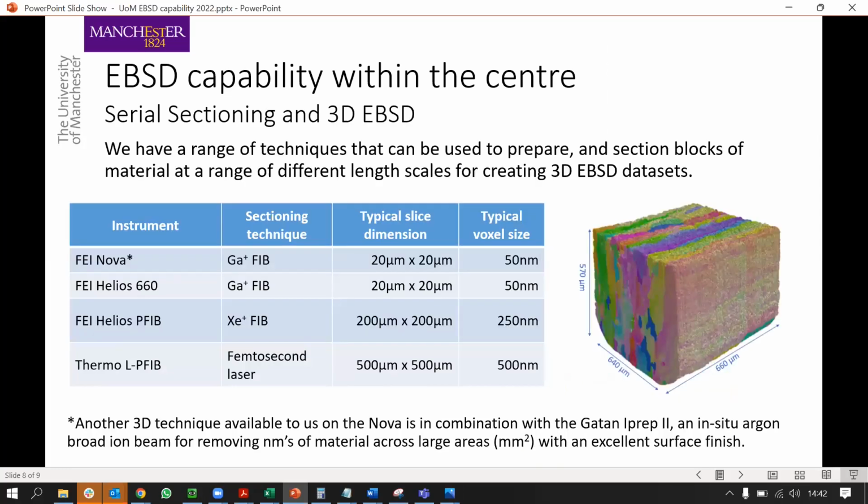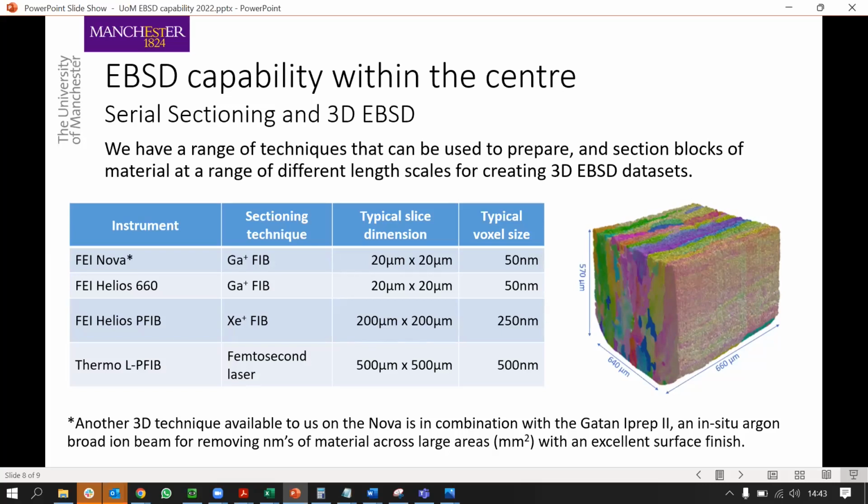3D capability. We have a number of FIBs that are capable for 3D studies, and the volume investigated generally scales with the material removal rate of the system you're using. The gallium FIBs have the lowest removal rate, so you're typically looking at doing regions of 20 microns by 20 microns with very small voxel sizes, and so you can tailor your study to which system you're using.